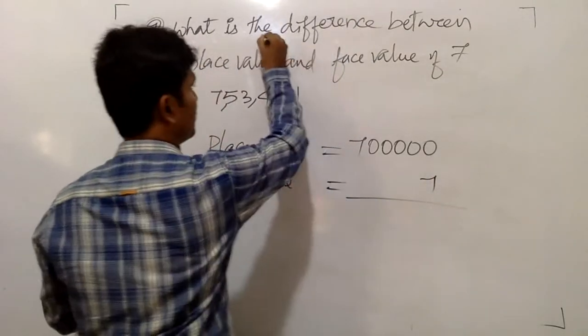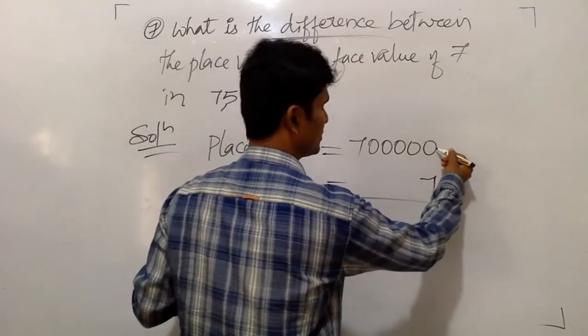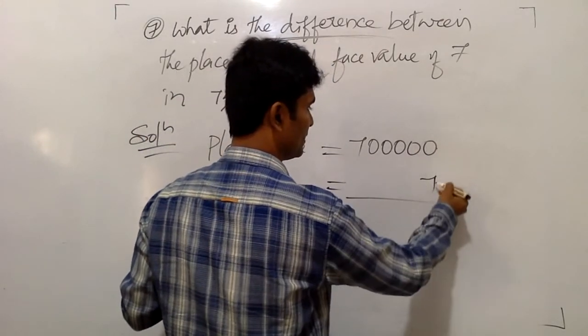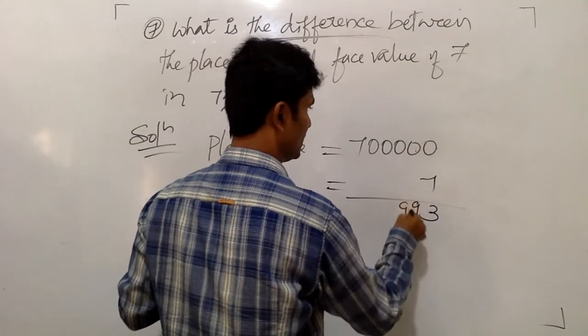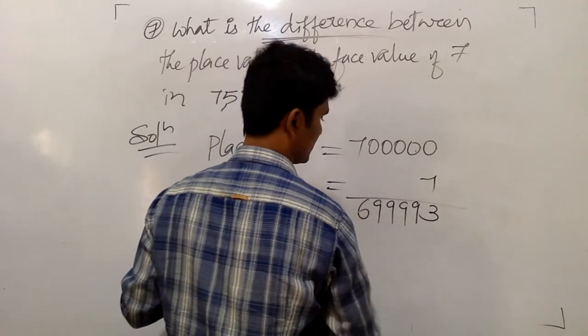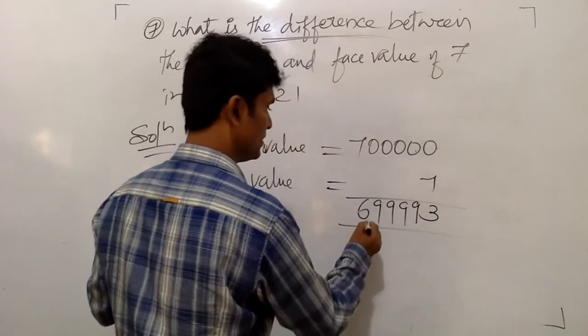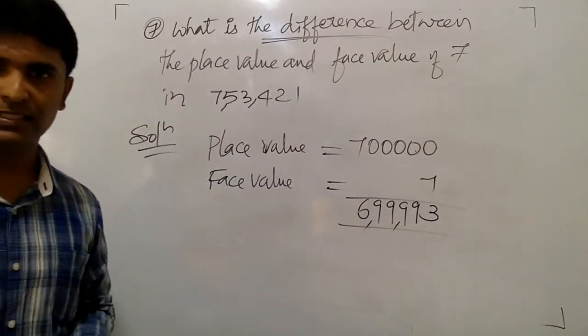Okay, so they have mentioned difference, that's why we have to subtract. So this will become 10. 10 minus 7 is equal to 3. This is 9, 9, 9, 9, and this becomes 6. That's why 6,99,993 is the right answer.